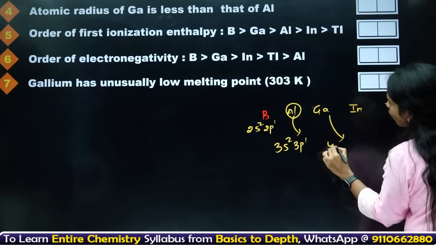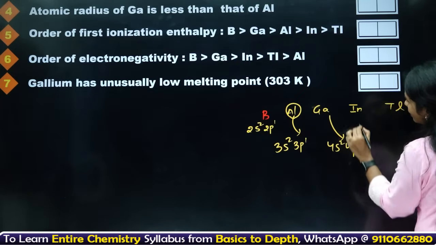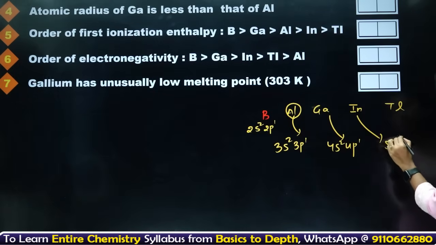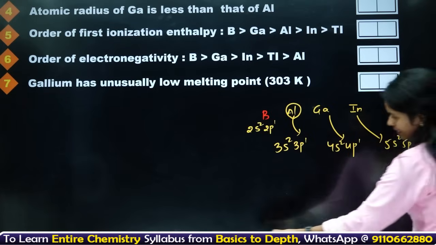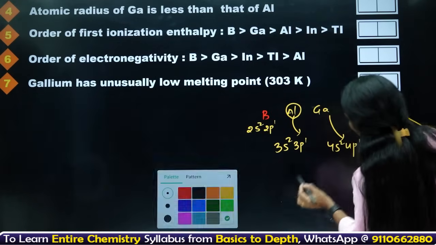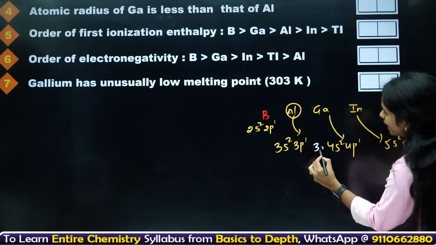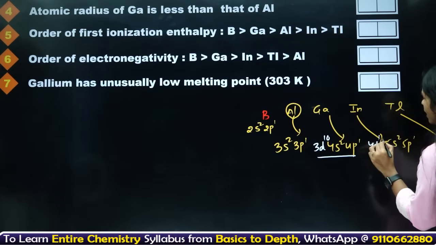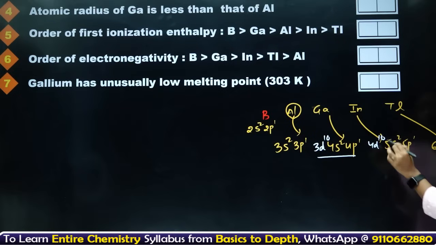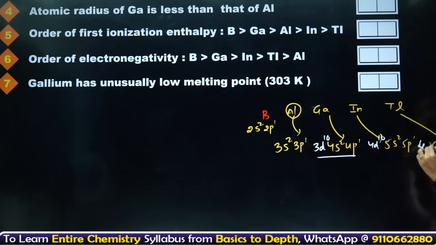Gallium is 4s2 4p1. Indium is 5s2 5p1. Thallium is 6s2 6p1. But in this case, you know what happens, students? In gallium suddenly 3d comes, which is fully filled. Here as usual 4d10, because 3d once entered here 4d. Here suddenly 4f will be completely filled.